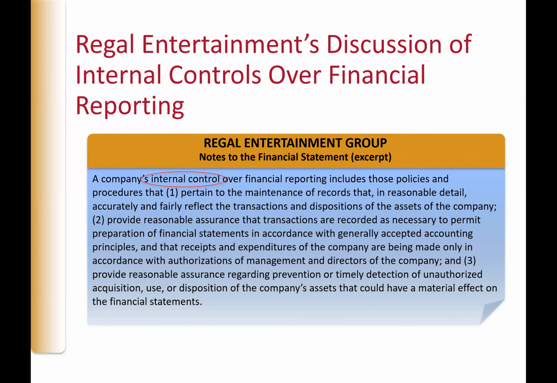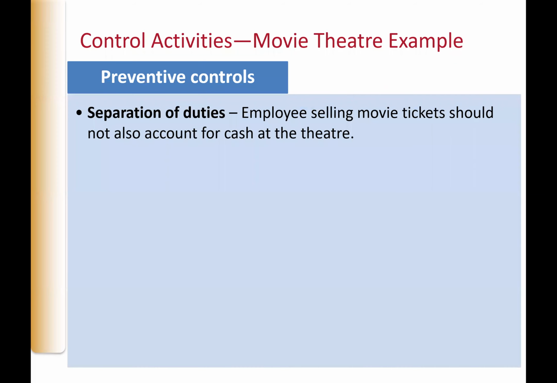Here you see Regal Entertainment Group talks about their internal controls and what they do to look at the internal controls. So here we're going to talk about a movie theater.